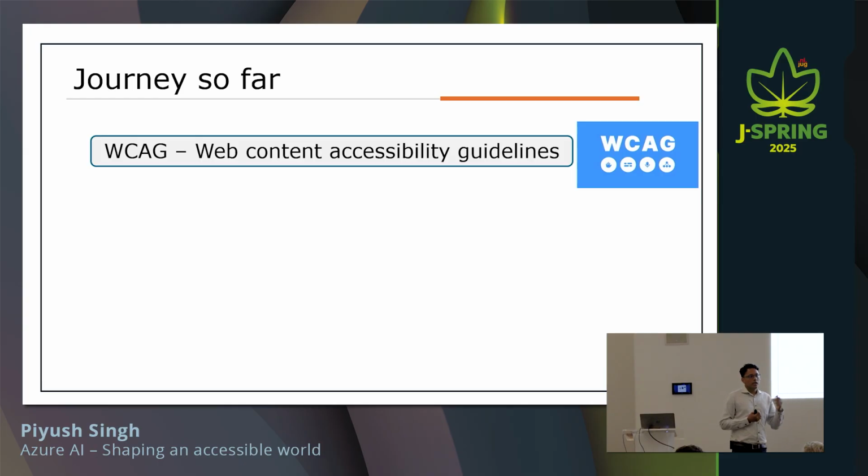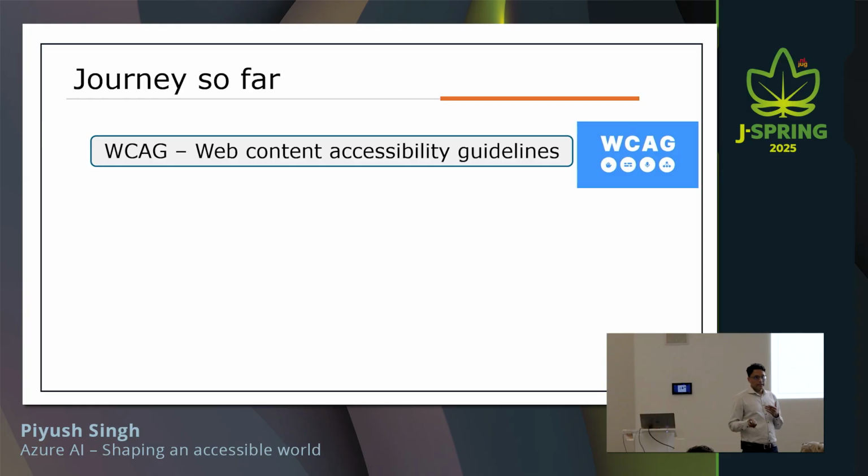So if someone cannot see it, they should be able to hear it via software or something like that. Then the O is operable, so you should be able to navigate the content. For websites, for example, keyboard navigation should be possible. It's not that you always need a mouse or something to navigate it.